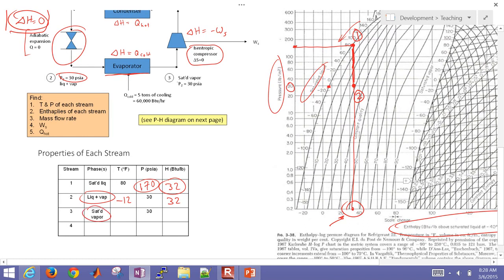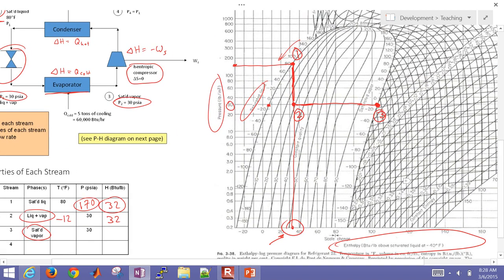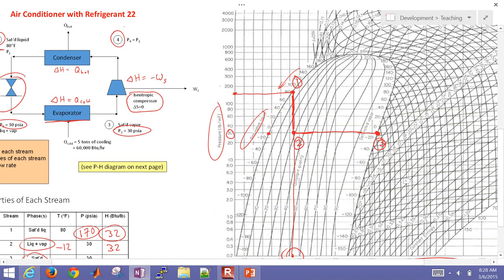It's going to be the same pressure, so I'm just going to come over on this line until I reach saturated vapor, and that's going to be point number 3. So I go 1, 2, 3. Now I need to get to 4. I need to get my fourth one.